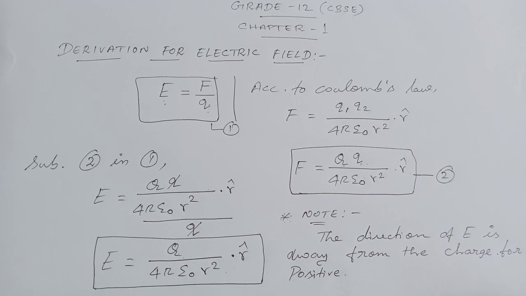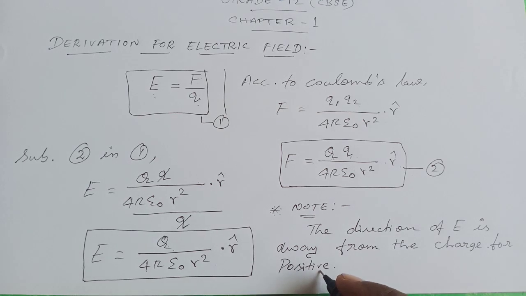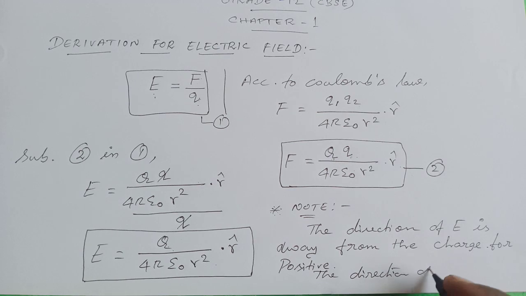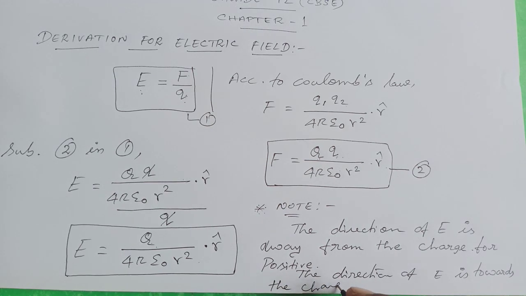Okay, for positive it is moving away from the charge. Then the direction of E is towards the charge for negative.